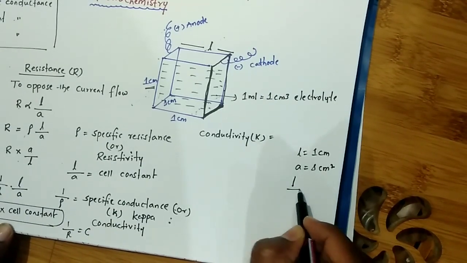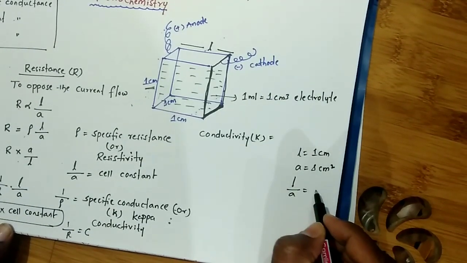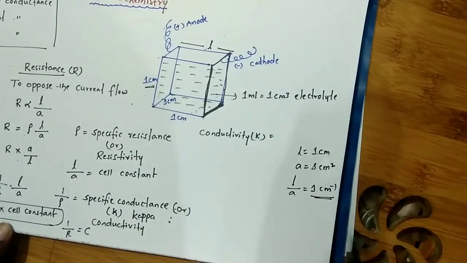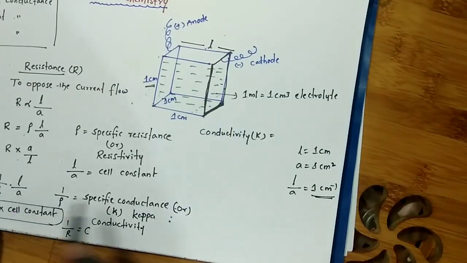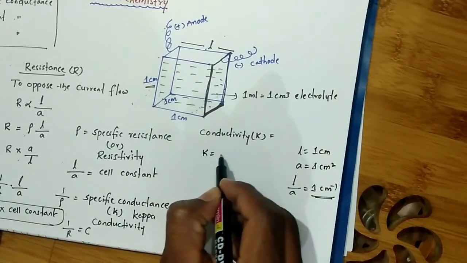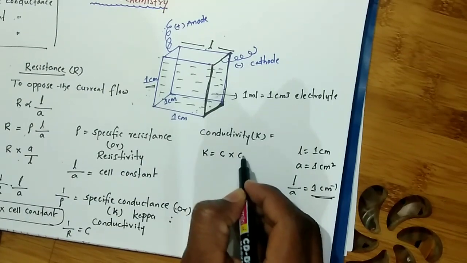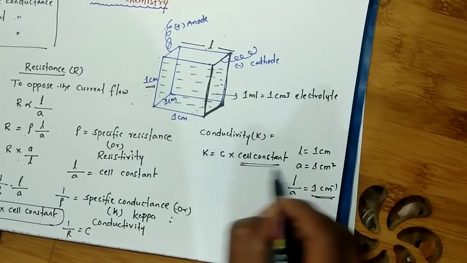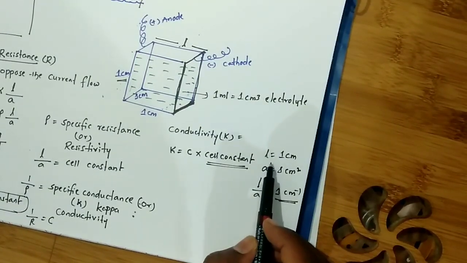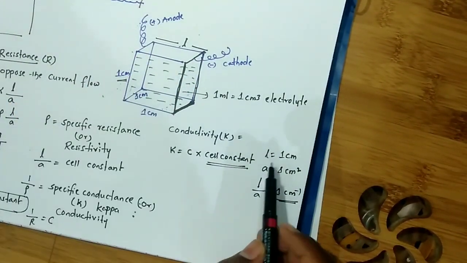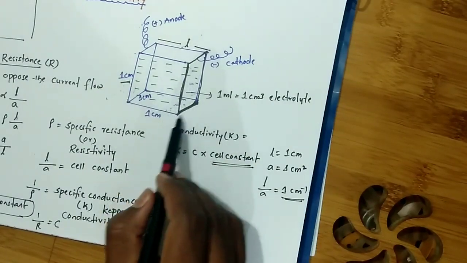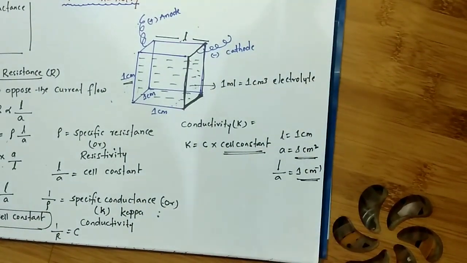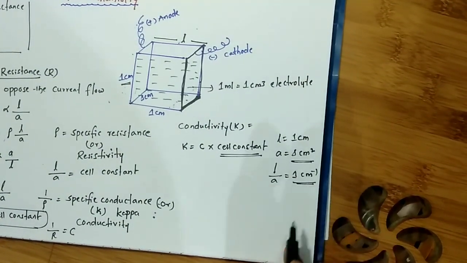Cell constant L by A equals 1 centimeter inverse. K equals conductance into cell constant, and the cell constant is 1 centimeter inverse.